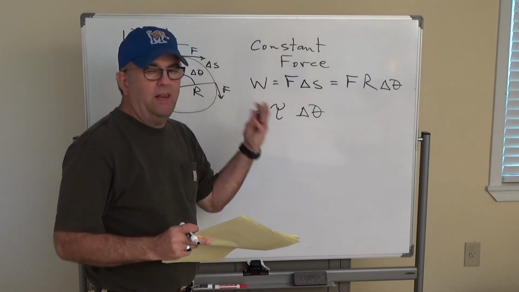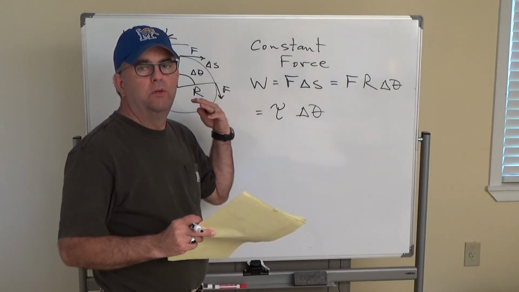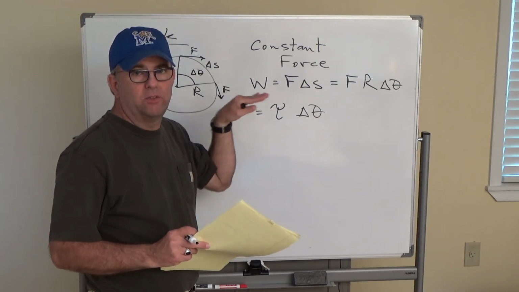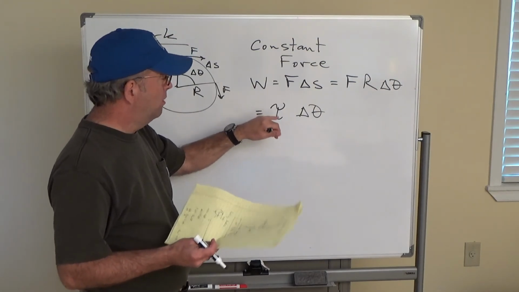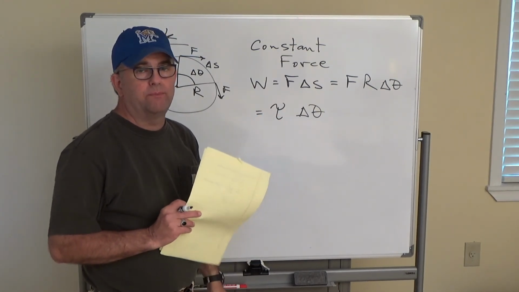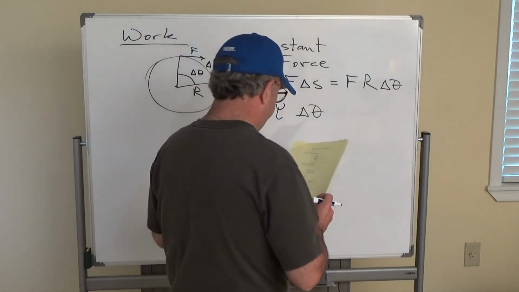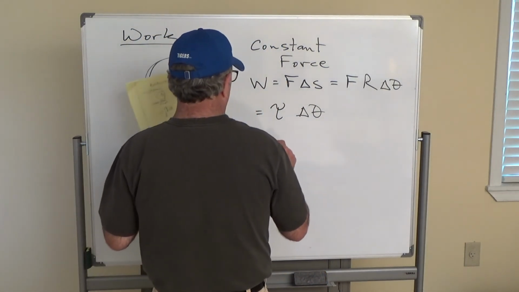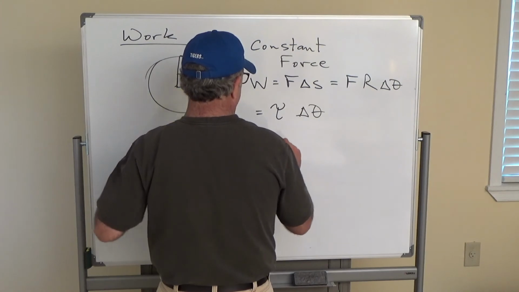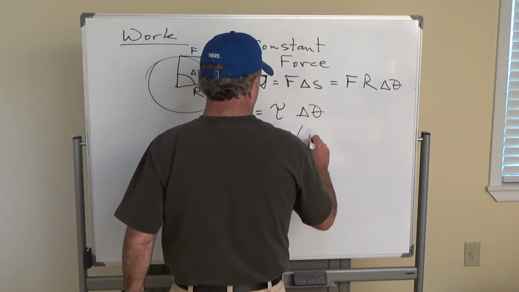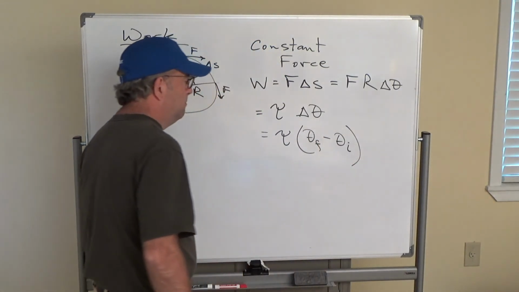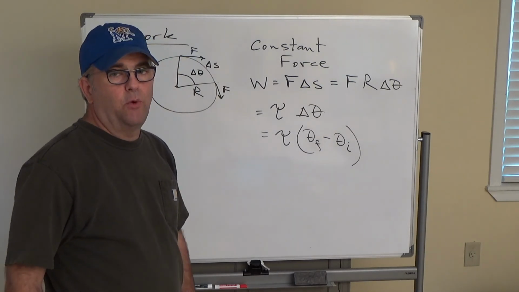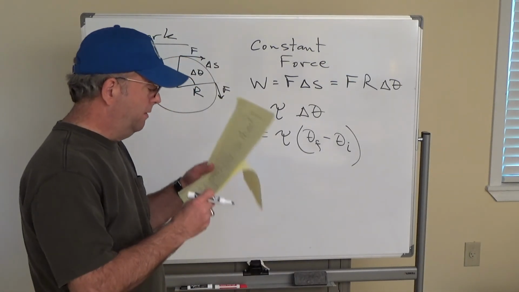It's the analogous thing to linear work, translational work: a force through a distance, whereas the work in rotations is a torque through an angle. So the work is torque times theta final minus theta initial. That's for a constant force or constant torque.